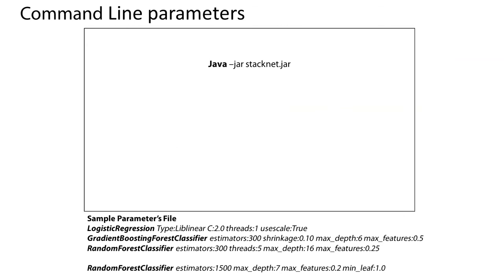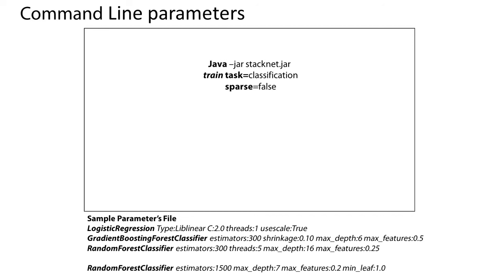So initially, we call this jar file, StackNet, and the only prerequisite is actually to have Java installed. Then you say if you are running a classification or a regression problem. This is your task command. Then you specify the state of your input data, which can be either sparse or dense.